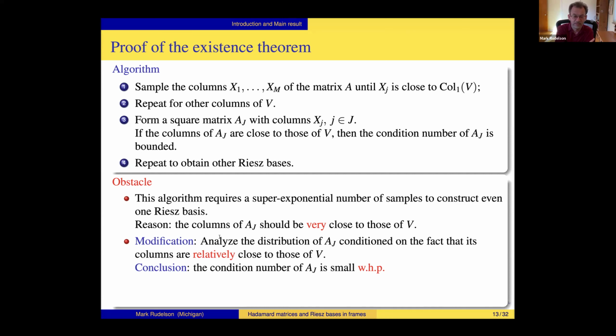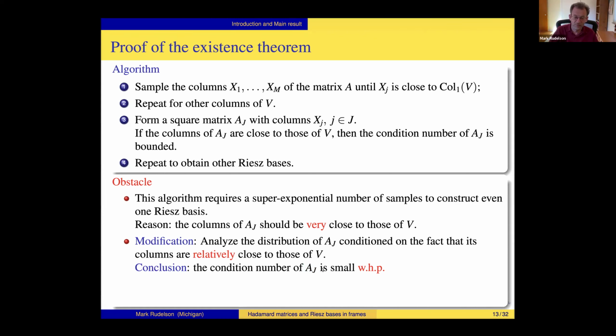And then I will condition on the fact that my columns are relatively close to the columns of V. And so I get a conditional distribution, but the columns are still independent. And it turns out that this conditional distribution possesses a property that the condition number of this matrix is going to be small with very high probability.